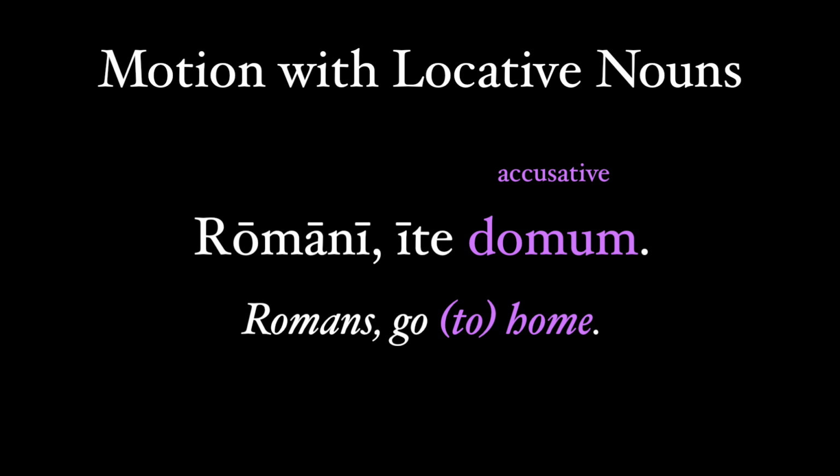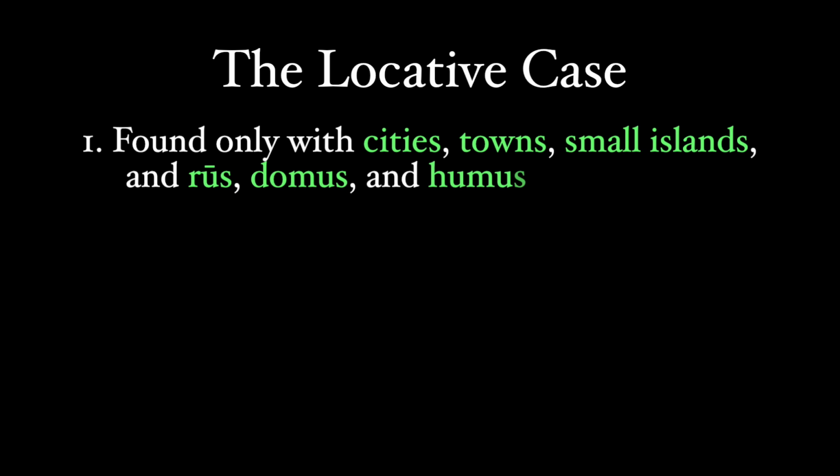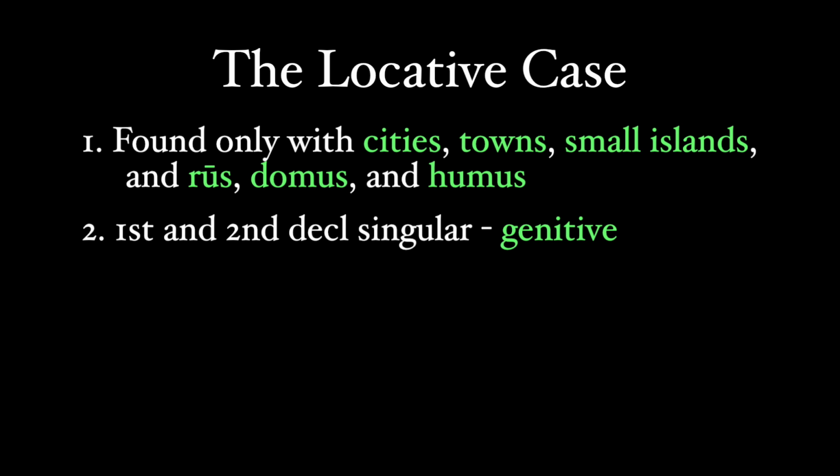Okay, so there you go, the locative case. First, it's only found with names of cities, towns, and small islands, and the words rus, countryside, domus, home, and humus, ground. To form it, first and second declension singular words use the genitive singular ending, so ae for Roma, and an i for a city like Corinthus.